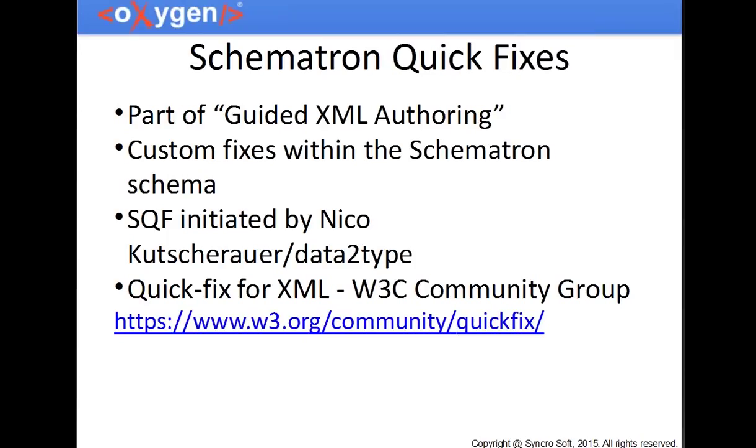So you're just giving some hints on how to solve the problem, and it's up to the user to follow that procedure, and maybe he will miss a few steps and get into trouble again, and that's where quick fixes come in, which is basically in the Schematron. You're not only giving error messages, you also provide a little script to fix it automatically. But George has many more to tell you about this topic.